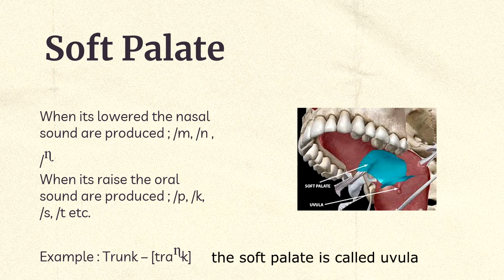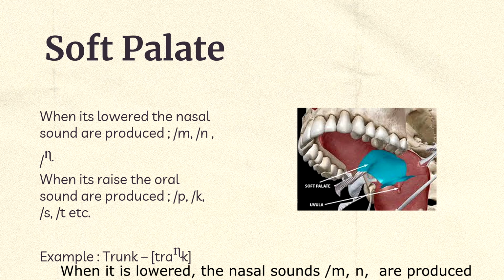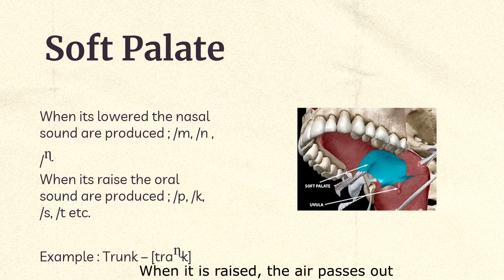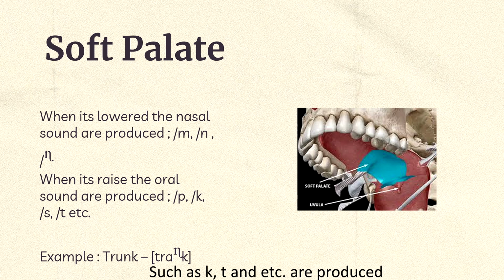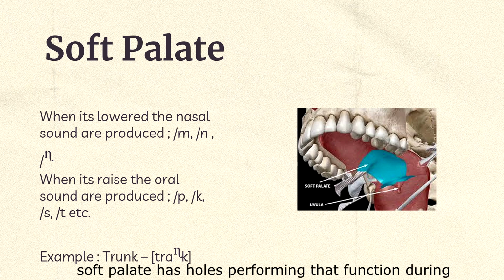The soft palate is called the uvula. When it is lowered, the nasal sounds m, n are produced. When it is raised, the air passes out through the oral cavity, and the oral sounds such as k, t, and so on are produced.